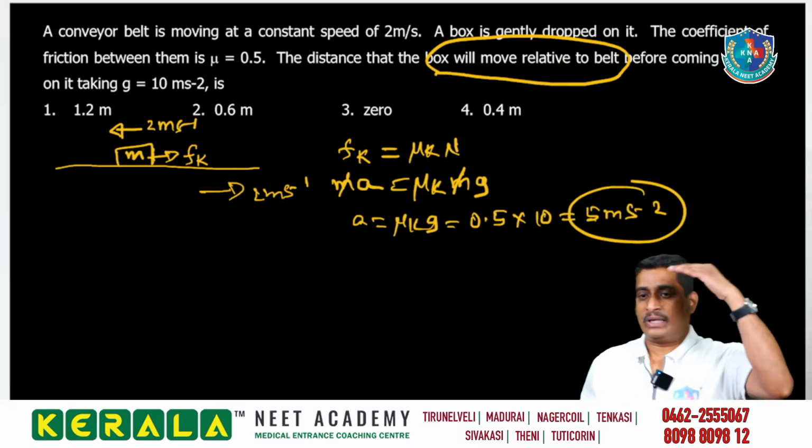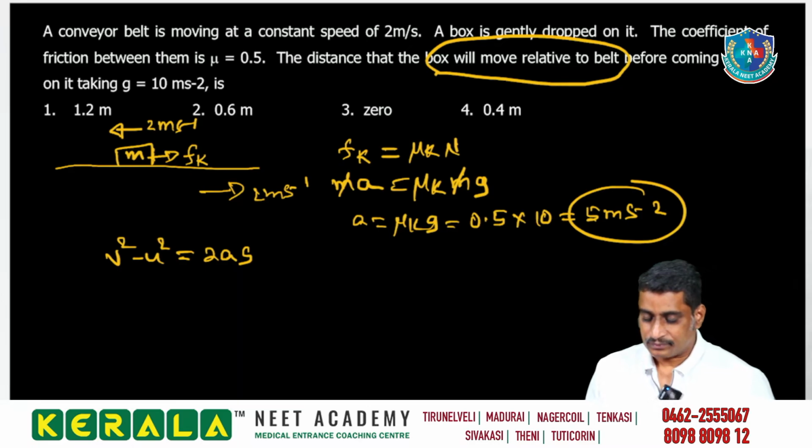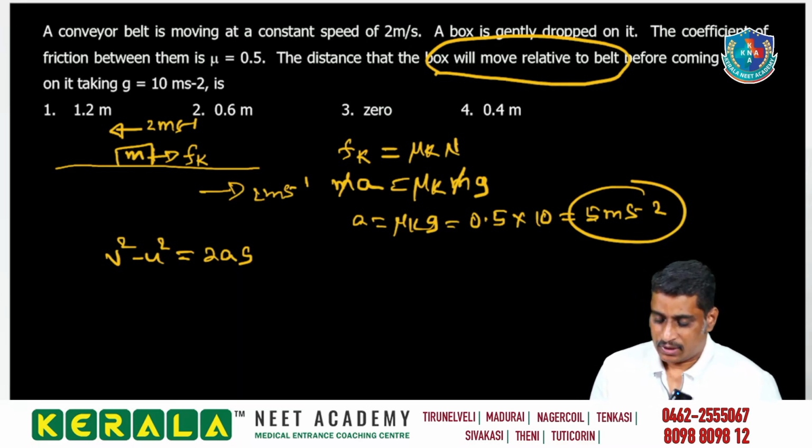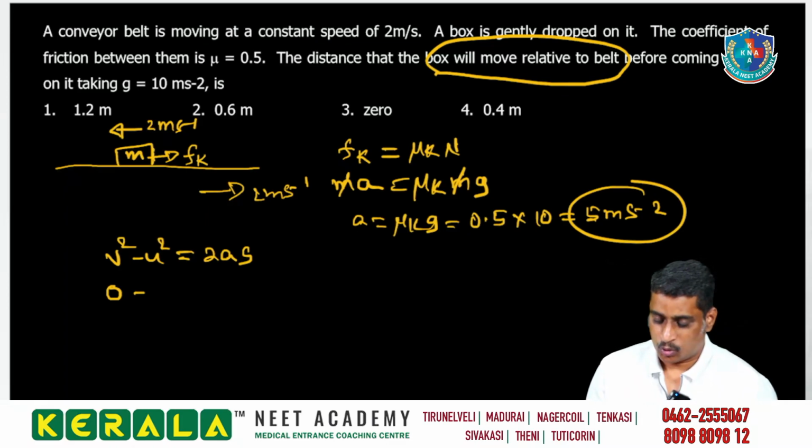Okay, with respect to the belt, let us take the kinematic equation of that block. V square minus U square will be equal to 2as. Here, with respect to the belt, final velocity of the block will be equal to 0. It has come to rest with respect to the belt. And initial velocity will be 2, so 2 square, nothing but 4, is equal to 2.